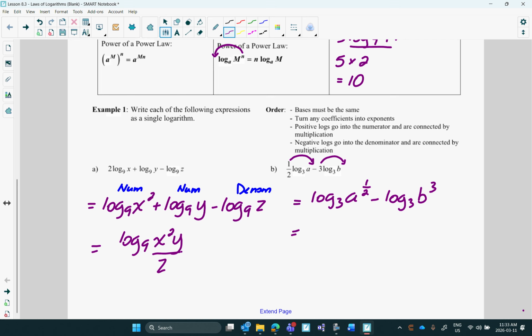Well, now there's only subtraction left. So subtraction turns into a division when I write it as a single log. So it's log, base stays the same, a to the 1/2 over b to the 3rd.